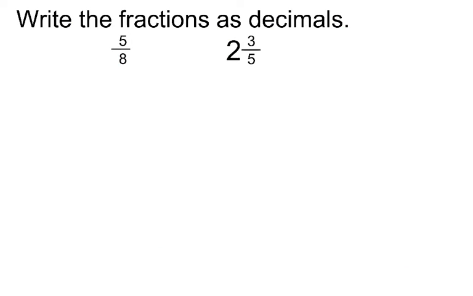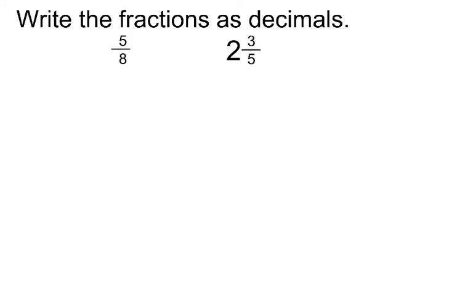So let's look at a first example, because we're going to need to know how to write fractions as decimals and decimals as fractions in order to compare them. So write the fractions as decimals. Well, remember that fractions are simply division problems. There are a few different ways you can write them as decimals, but many students find the easiest way is to divide.